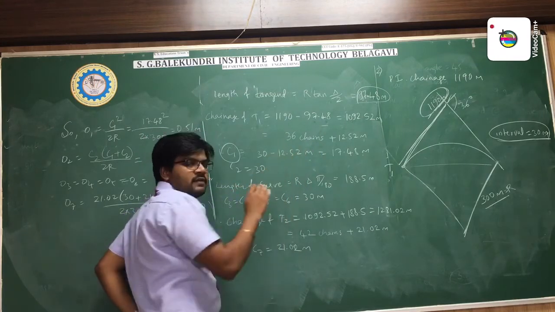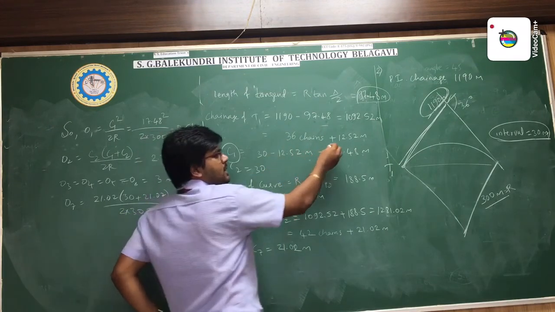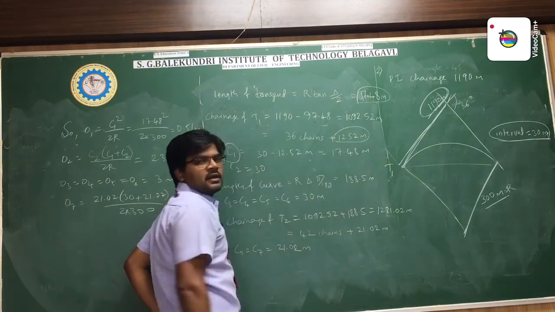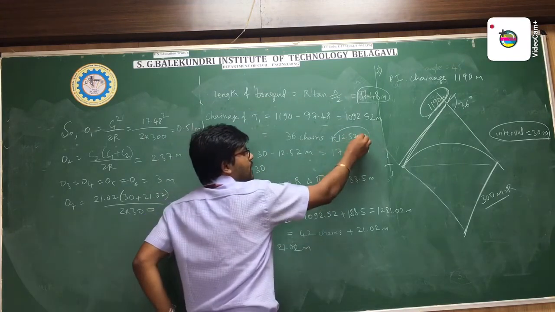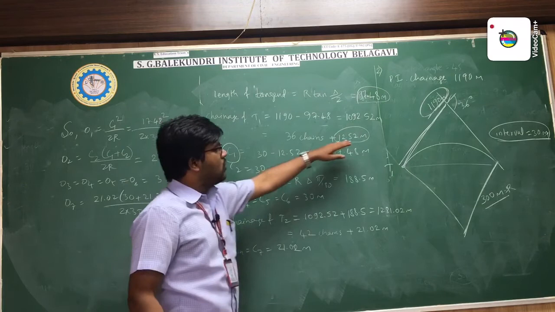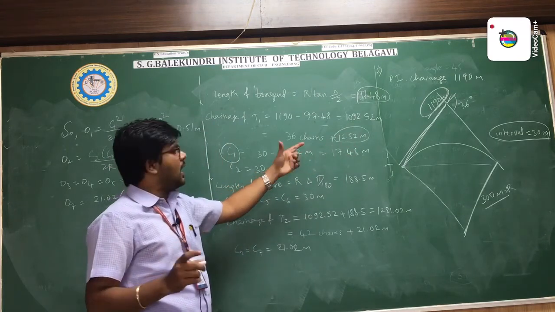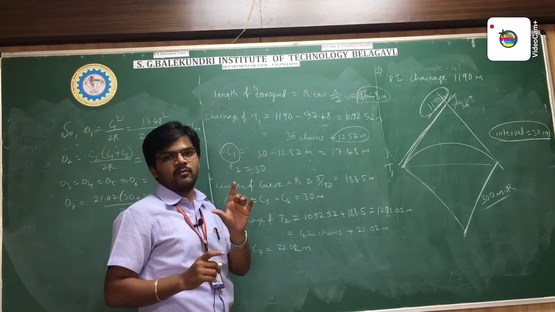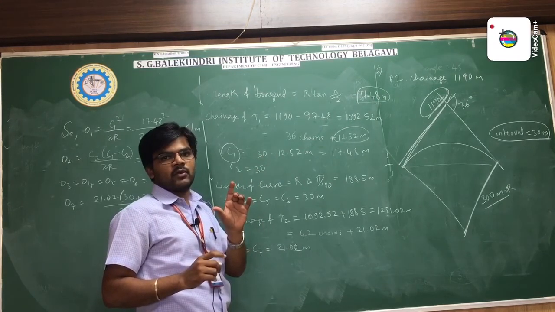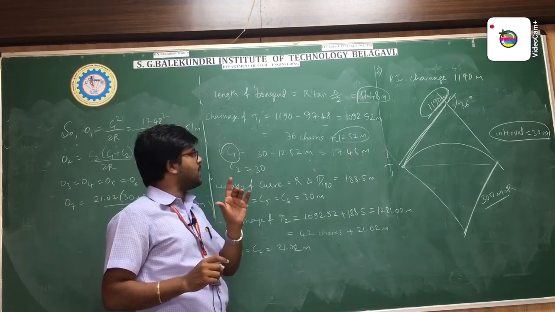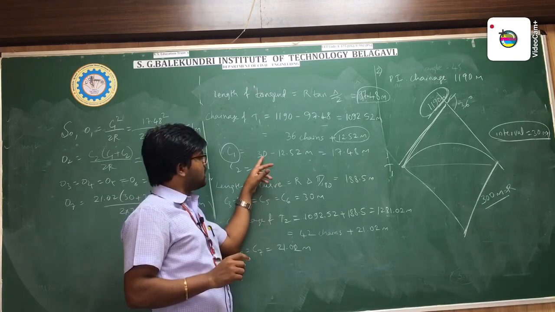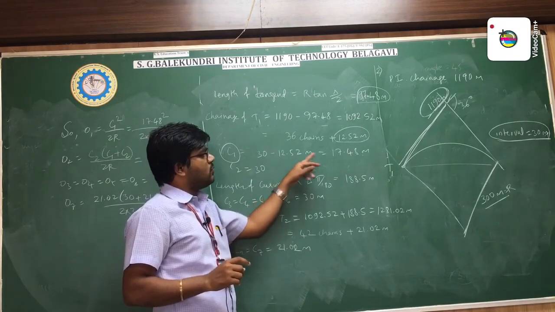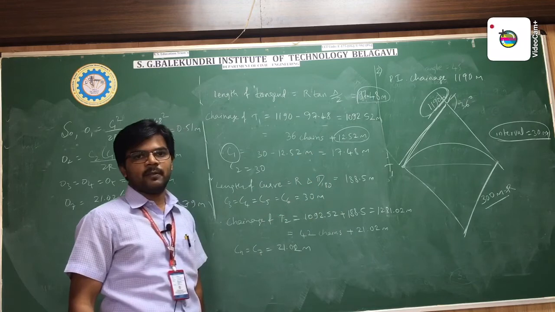That is 36 chain, and the further part is 12.52 in meters. To get the initial chord, I subtract it from the 30 interval chord: 30 minus 12.52 gives 17.48 meter.